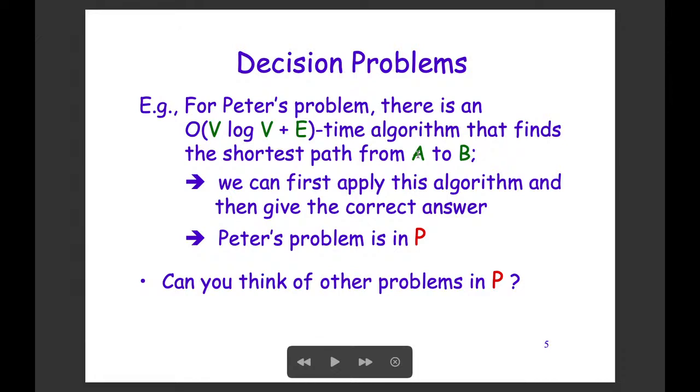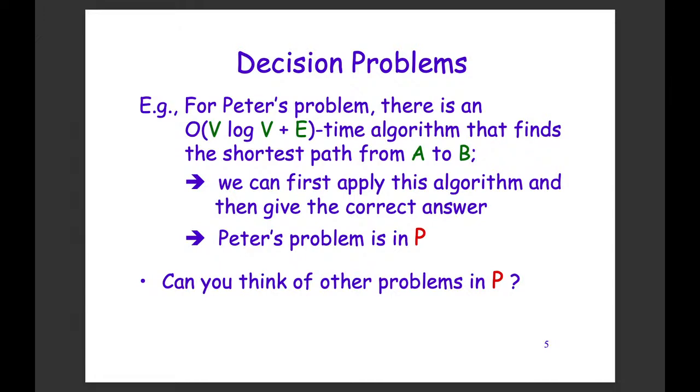For instance, in Peter's problem, where we want to check whether there is a path between A and B with length at most 100 units, this is also a polynomial time verifiable problem. Whenever there is a yes solution, we can really find a certain path between A and B with length at most 100.